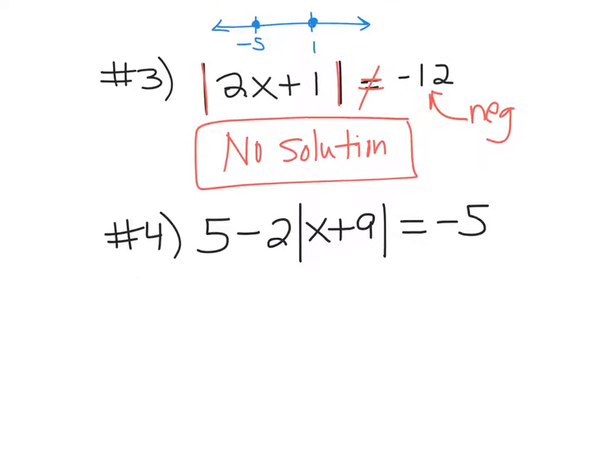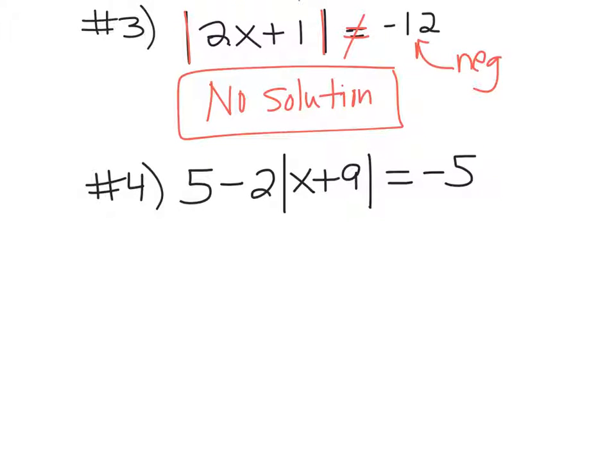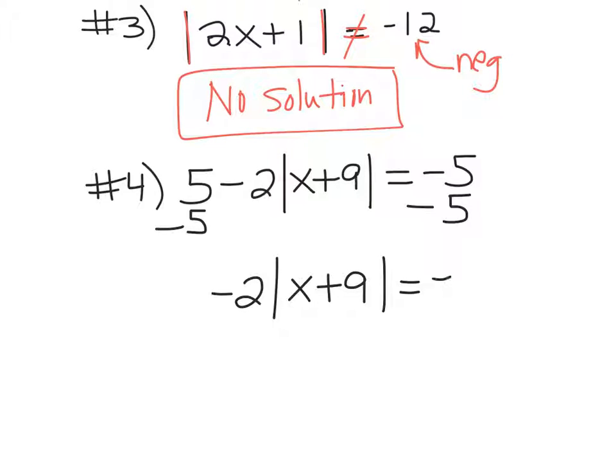So we're going to get this absolute value of x plus 9 all by itself. The first thing we're going to do is subtract this 5 over. Now, don't be tempted to do 5 minus 2 is 3. That's not true. This is 2 times this stuff. So we're going to subtract the 5 over to the other side. So then we end up with negative 2 times the absolute value of x plus 9 equals negative 10.